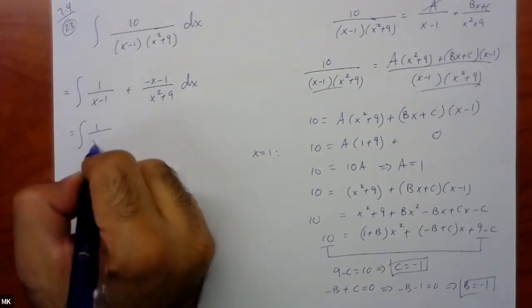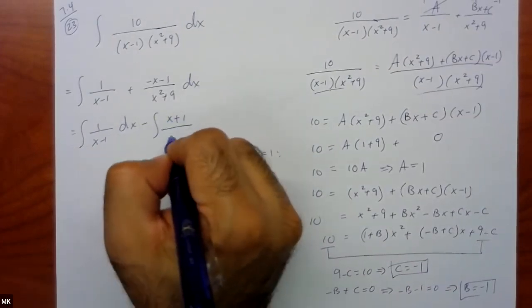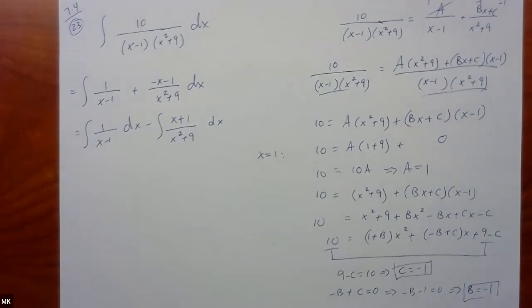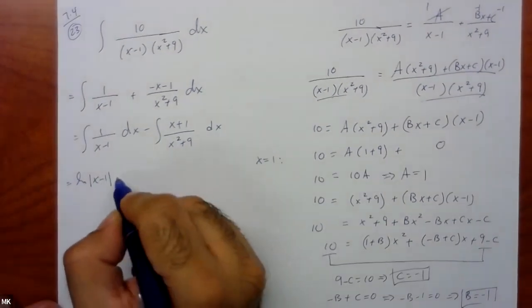So, well, let's break it. Now, the first one is easy, natural log of x plus x minus 1, no problem.